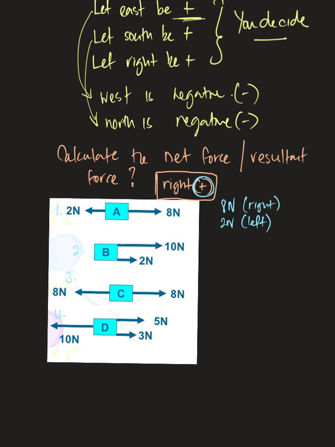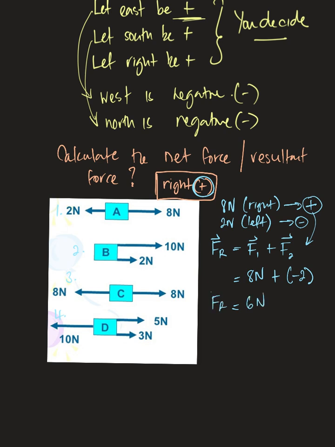For question 1, FR, which is the net, is equal to F1 plus F2. So my F1 is 8 newtons plus my F2. Because this is moving to the right, it must always be positive when I substitute it in. This one's moving to the left, so it's going to be negative. 8 plus minus 2 is 8 minus 2, which is 6 newtons, which is FR.